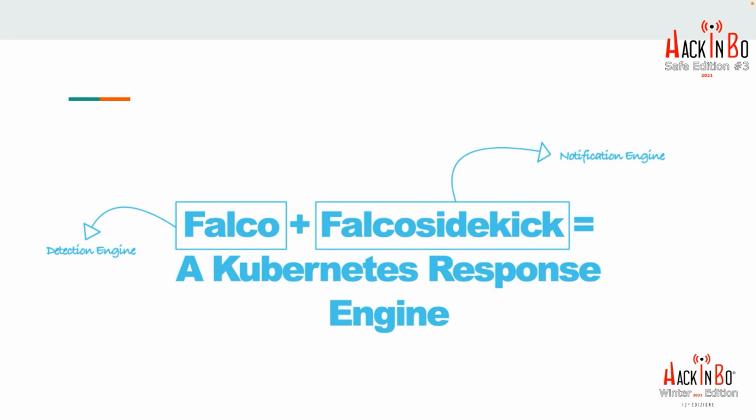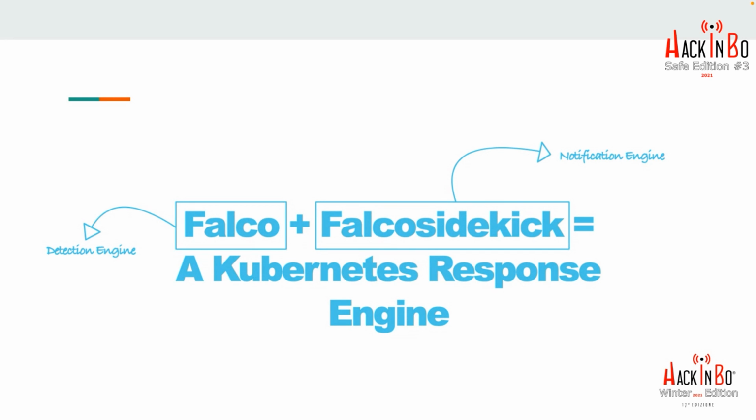The second component is Falco Sidekick, and we can see it as our notification engine, capable of forwarding events to external ecosystems and triggering the action we want, like, for example, destroying the container.